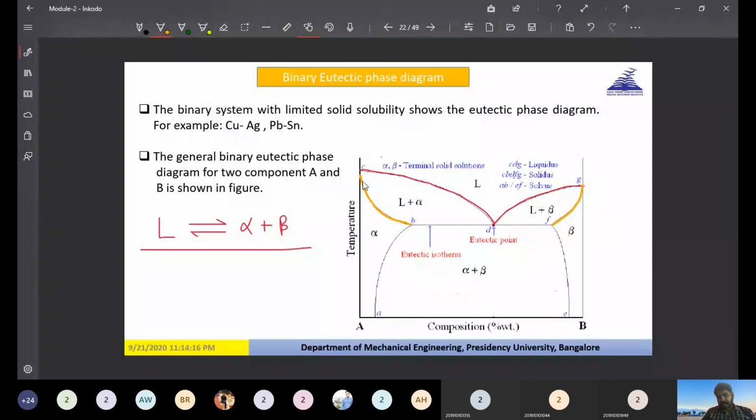Anil, Anil H, Bhuvan, Bhuvan CR. Bhuvan, are you there? Bhuvan CR, can you define this? Sir? Yes, Anil. Can you define this orange line?